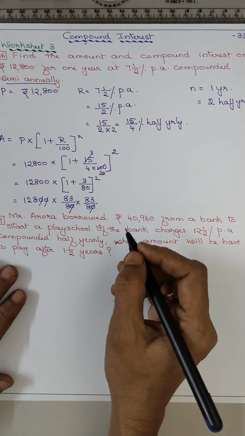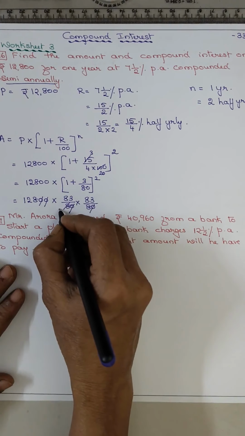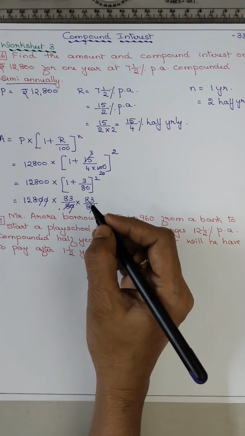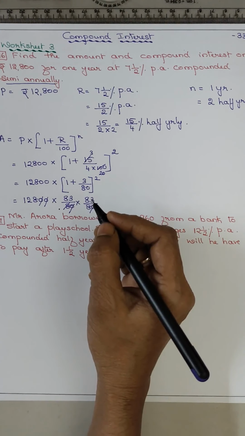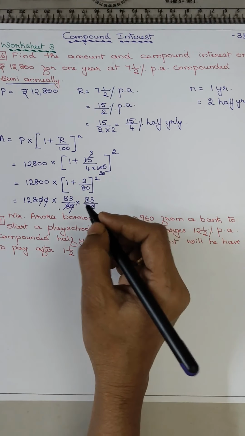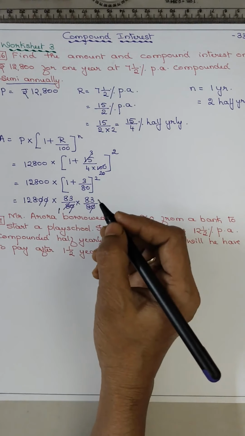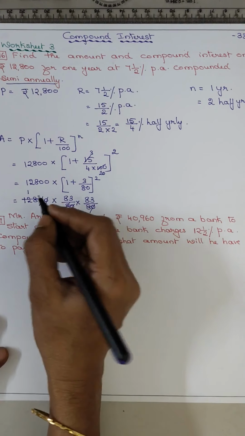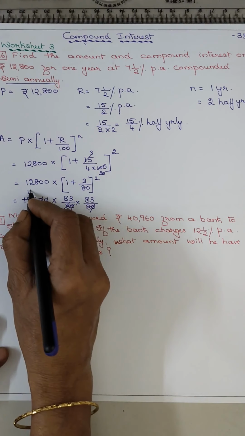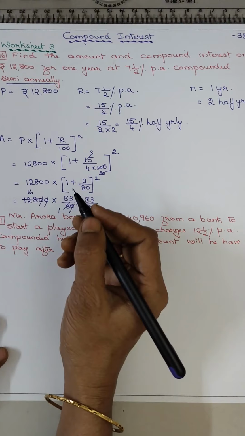Now 8 ones are 128, isn't it? So it is 8 ones are 8, 8 ones are 8, 9 10 11 12, 4 remains, 8 6 are 48.